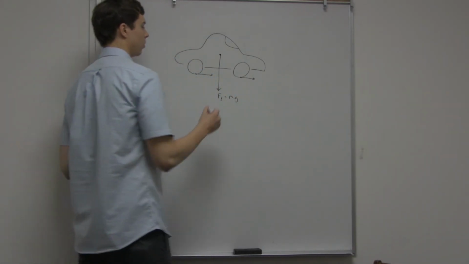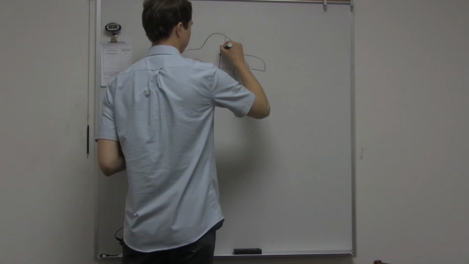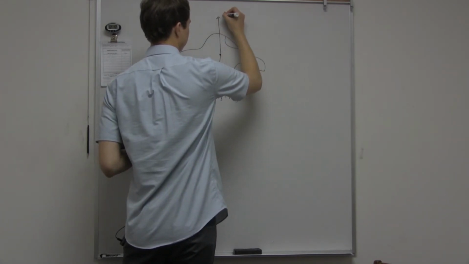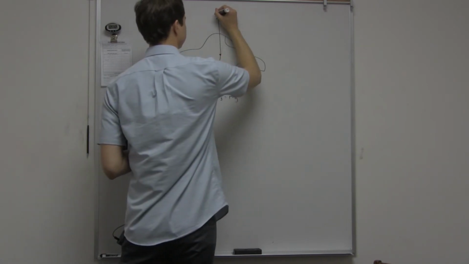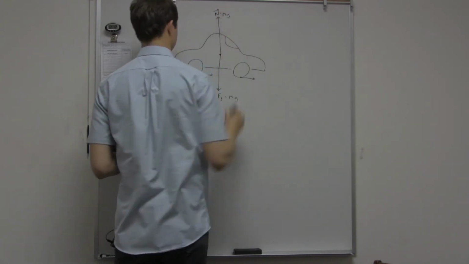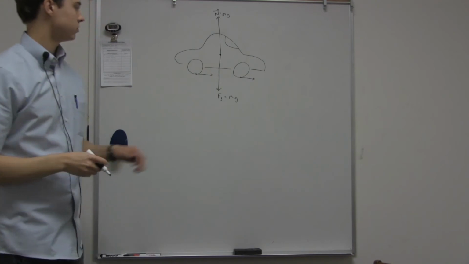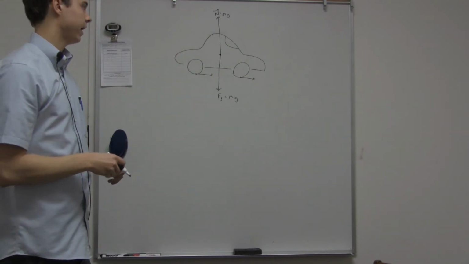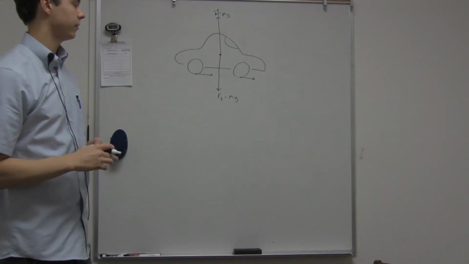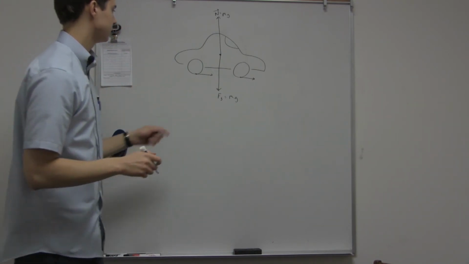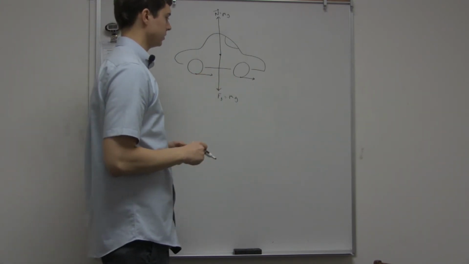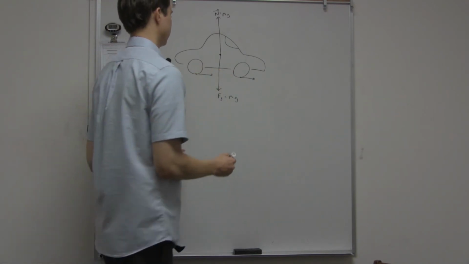We know that the normal force is also going to be mg since we're on level ground. So those two things cancel out, so we don't have any net force in the y direction. So all we've got is these four friction forces on the tires.